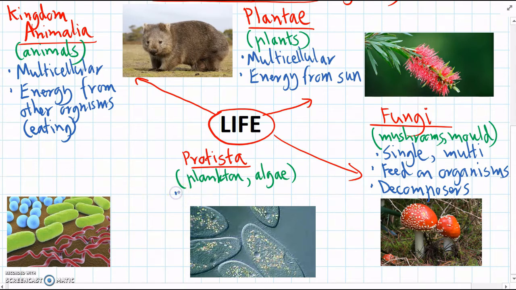So protists, they all live in water. That's the one thing they have in common. And they can be single-celled or multi-celled. Things like seaweed is multi-celled, but it's still a protist. And they're usually microscopic.